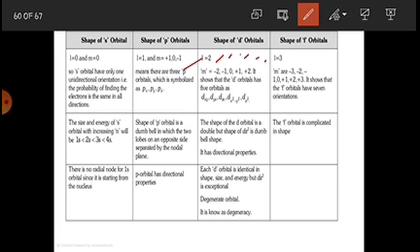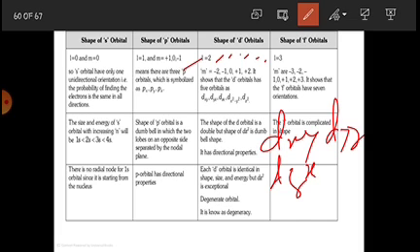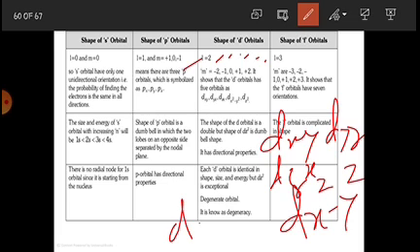So it shows that d orbital has 5 orbitals, which are dxy, dyz, dzx, dx square minus y square, and dz square. So these are the 5 d orbitals present if the value of L is equal to 2. Are you getting?